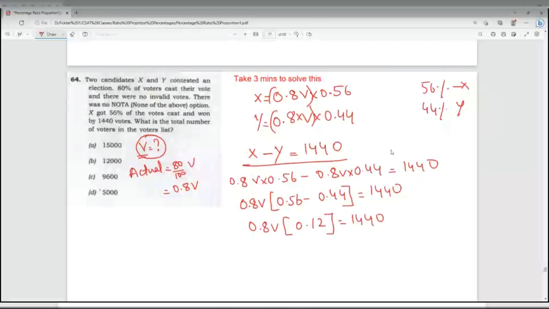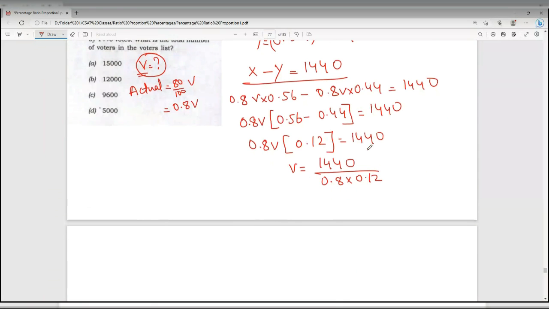V is equal to 1440 divided by 0.8 into 0.12. This can also be written as 1440, with 0.8 written as 8 by 10, so 8 and 10 go to the numerator. This can be written as 12 by 100, so again this 100 goes here. And 12 ones are 12, 12 fours are 144.